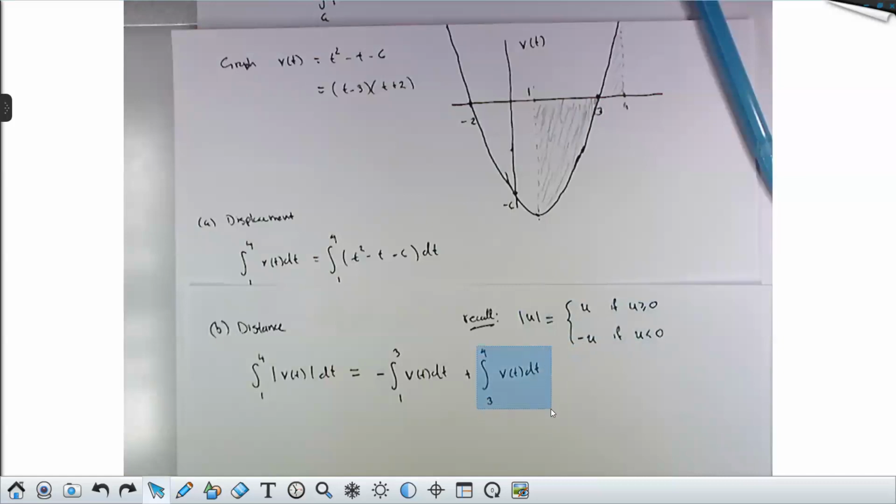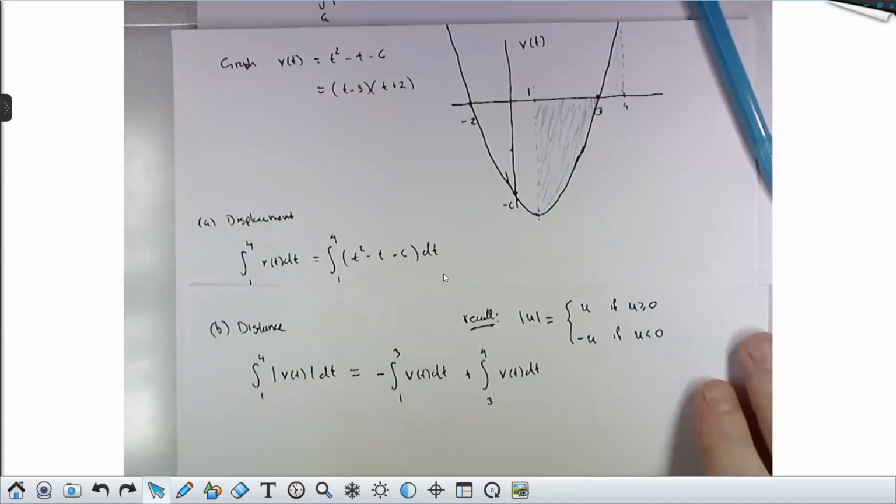So this integral right here is measuring this area right here. This integral right here, without that negative sign, is measuring this area right here. Since this area we know to be all negative, the negative out front will make it positive.